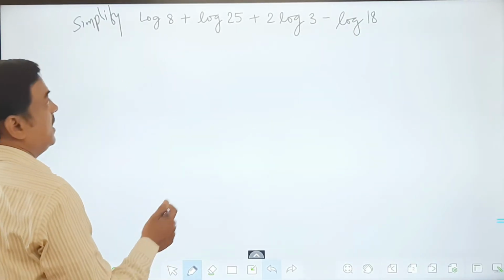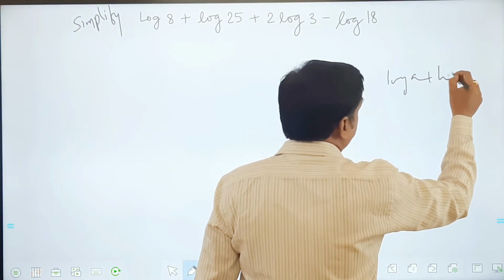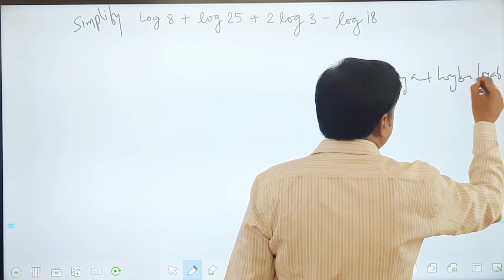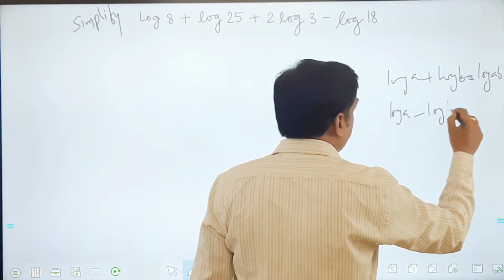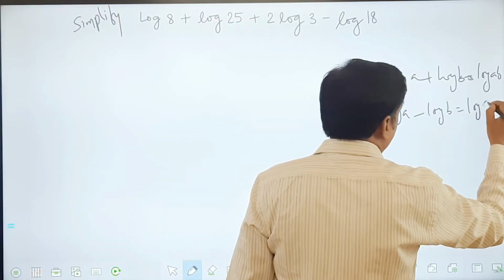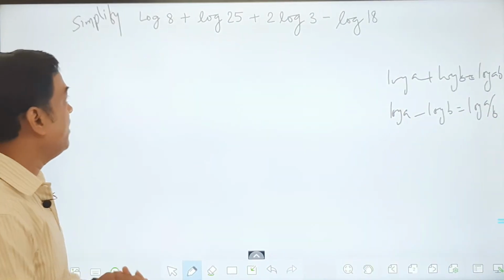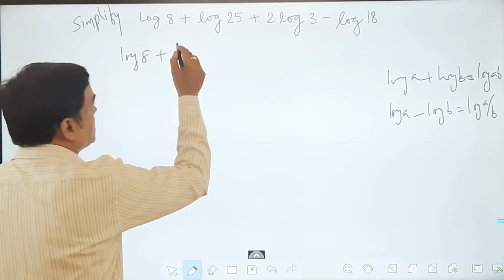Now let us see this. So what is given to us? Log A plus log B, if it is given, I can write this as a single log AB. And if it is log A minus log B, then it is log of A upon B, is what you get here in this case. So let us simplify. Log 8, I'll keep it as it is.